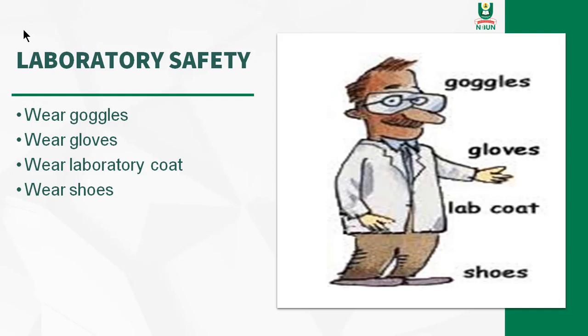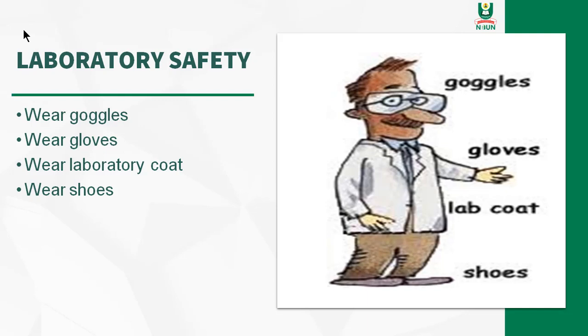Then we have talked about safety. We said the integrated science laboratory is prone to accidents, like any other laboratory in the school. So if you know that there may be accidents in the laboratory, then laboratory safety must be ensured.